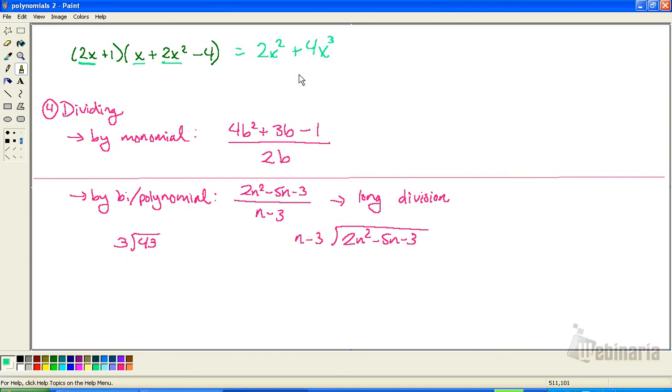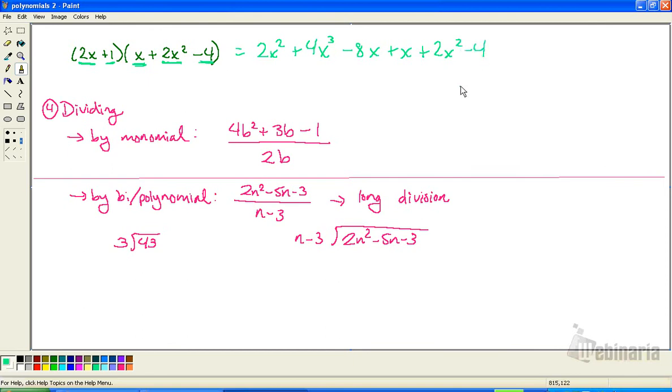And I'll multiply it by the negative 4, which gives me negative 8x. So I multiplied the 2x by each of the terms in the second group. Now we'll do the same with the 1. Multiply it by the x, I get just a 1x. Multiply it by the 2x squared, and I just get 2x squared. And multiply it by the negative 4, and I get minus 4.